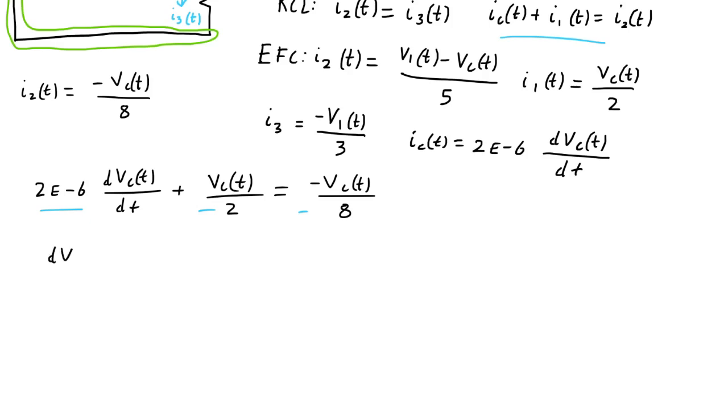So dVC(t)/dt is going to be 5/8 times, I'll just do 5 VC(t) divided by 8 times 2, equals 0.